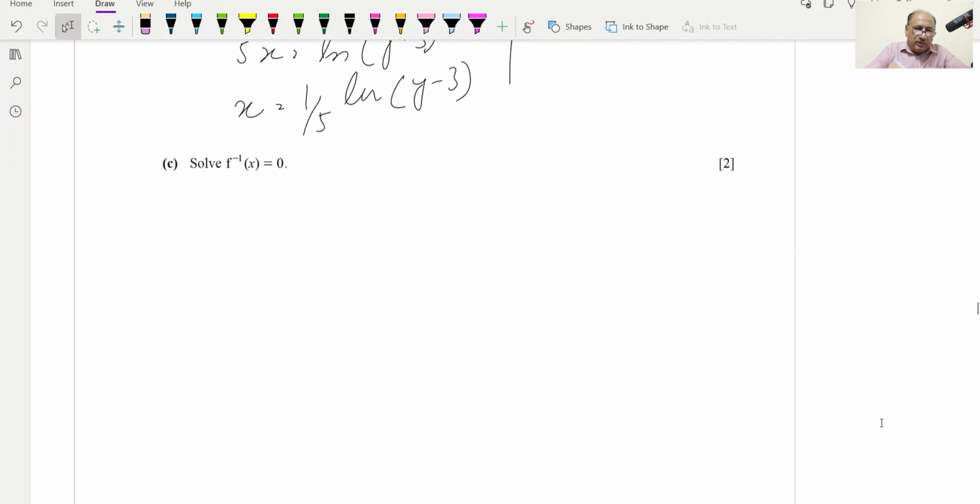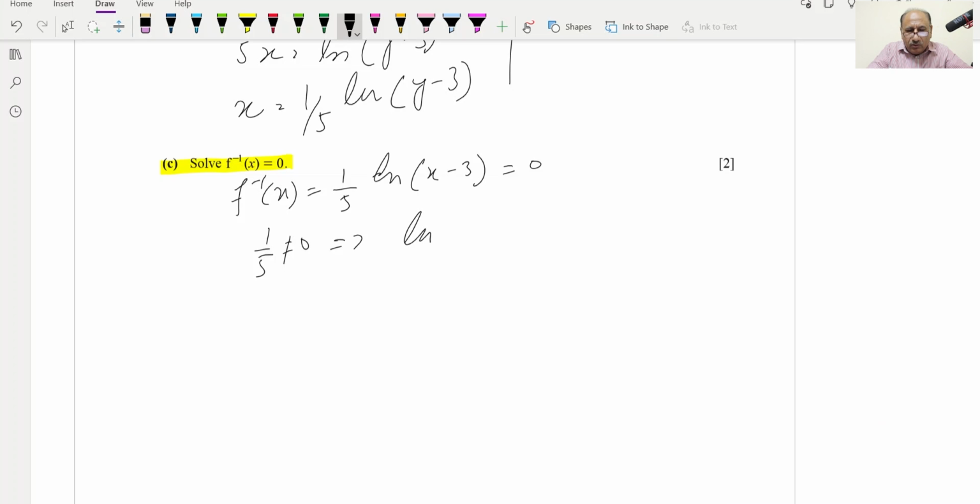Now C part, solve f inverse of x is equal to 0. So f inverse of x, we got 1 over 5 log of x minus 3, and this is equal to 0. Shift 5 to the other side, so 1 over 5 is not equal to 0. This implies log of x minus 3 is equal to 0.